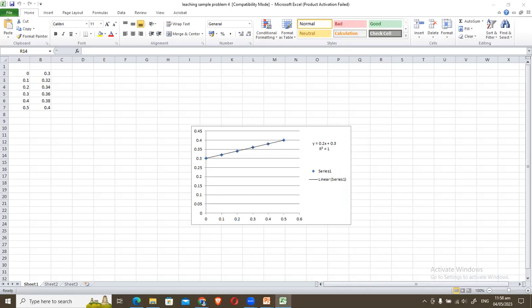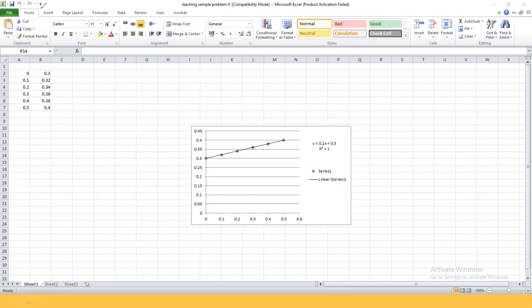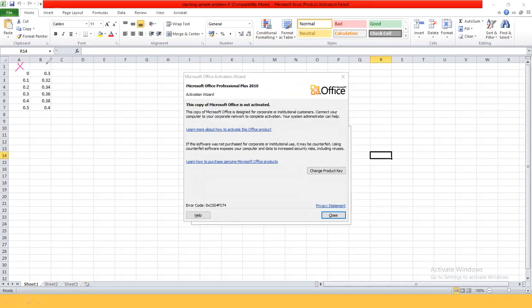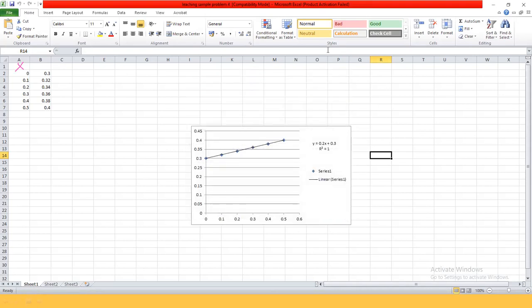Okay? So this is your X. And this is your W. And if plotted, it would be this straight line, since your R squared is equal to 1.